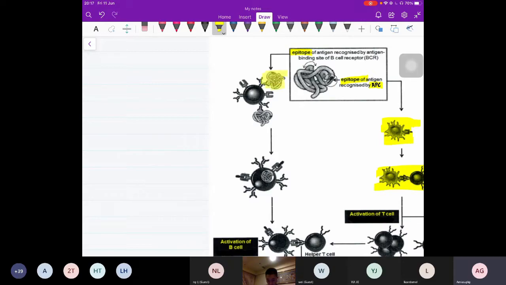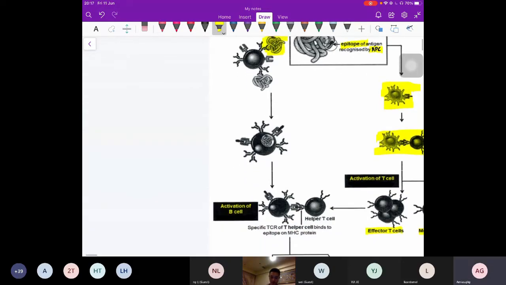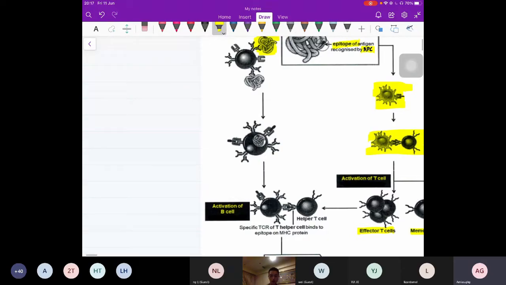So it's recognized here. And then after that, it goes through a process similar to antigen presentation in your antigen presenting cells. So your antigen gets taken up, gets digested, combines with an MHC complex, and is displayed as a peptide MHC complex on the surface of your naive B cell. Okay, so that's the first step.